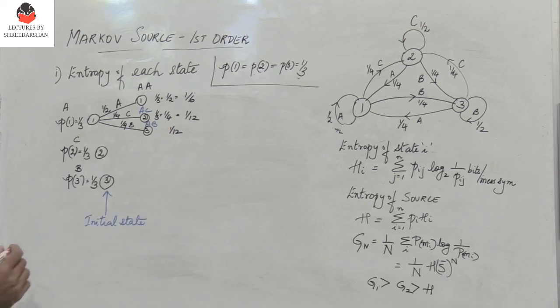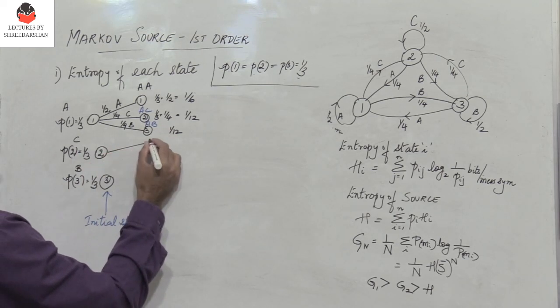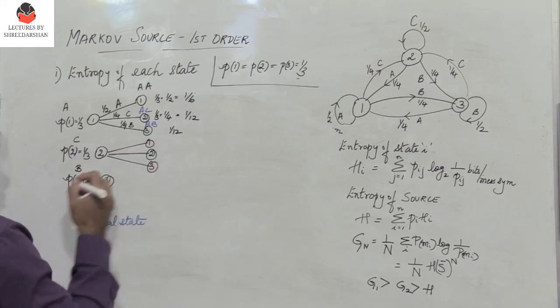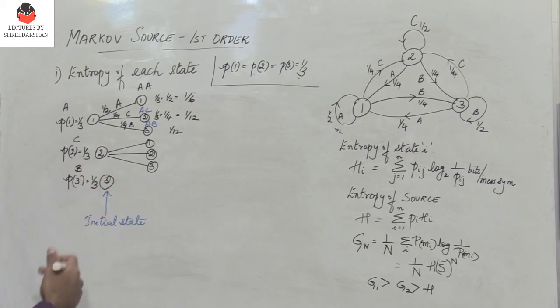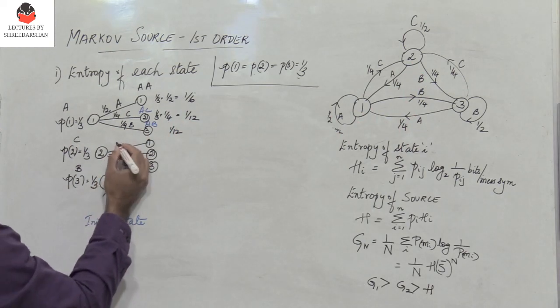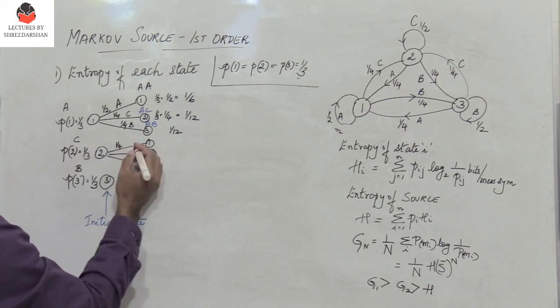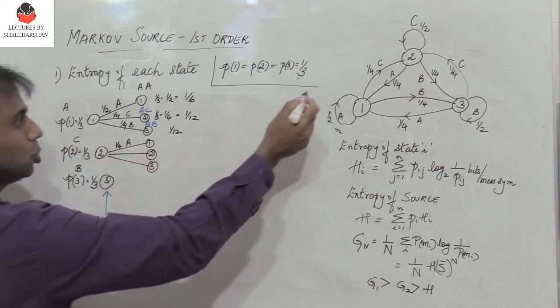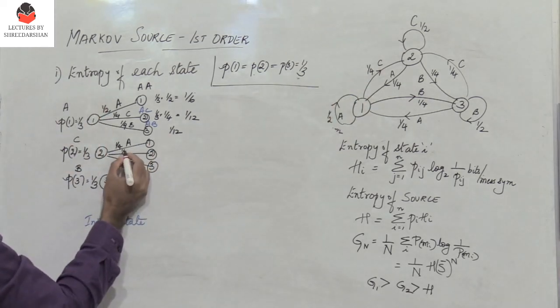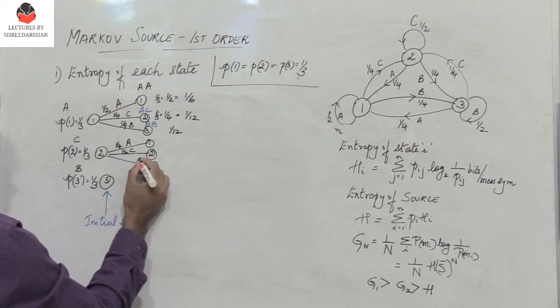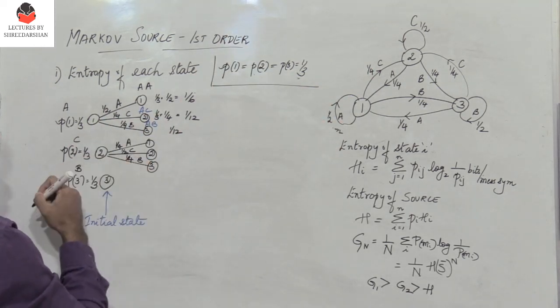For the next one, state 2 to 1, 2 to 2 and 2 to 3. So 2 to 1 has probability 1 by 4 and A is the symbol emitted. 2 to 2 is 1 by 2 with C, and 2 to 3 is B with probability 1 by 4.